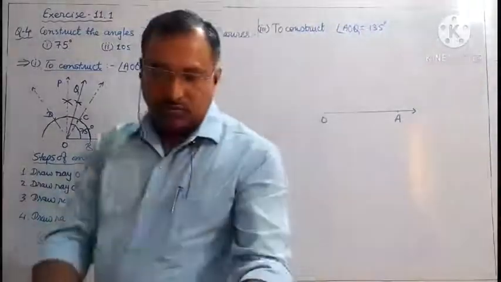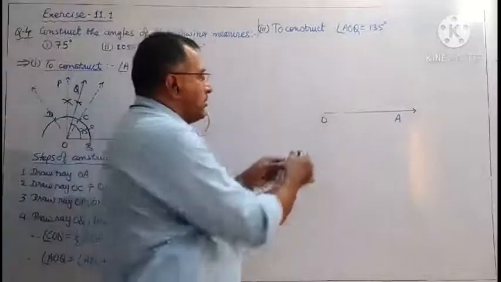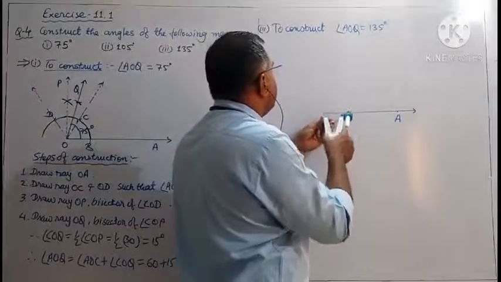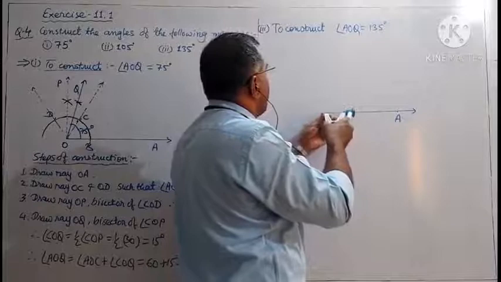Now let us take O as a center and a suitable radius, and draw the semicircle arc.